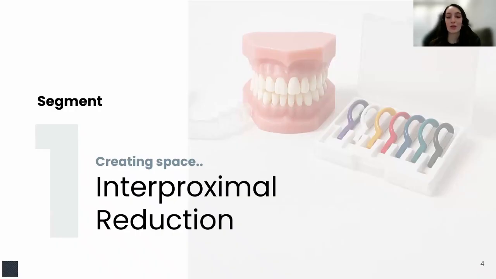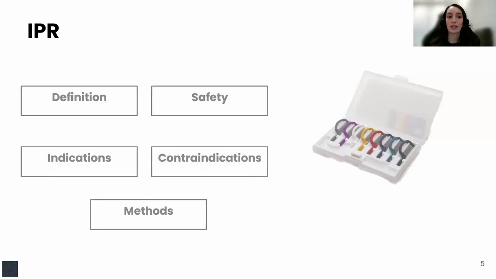Starting with the first segment, we're going to be talking about interproximal reduction. Whenever you think about interproximal reduction, you just need to understand that this is something we use in order to create space. Before going with the definition of IPR, let's talk about what exactly we'll be covering.